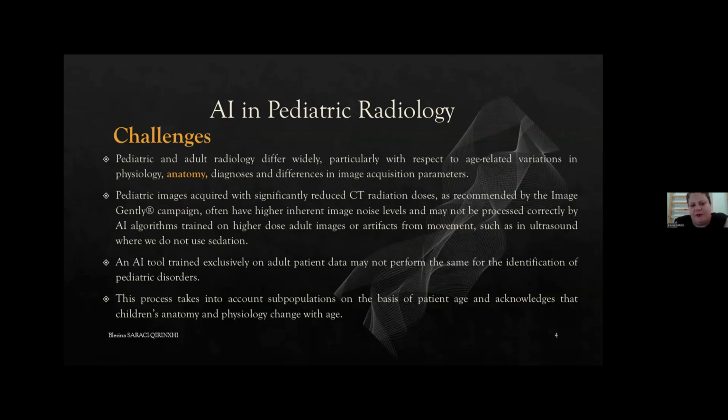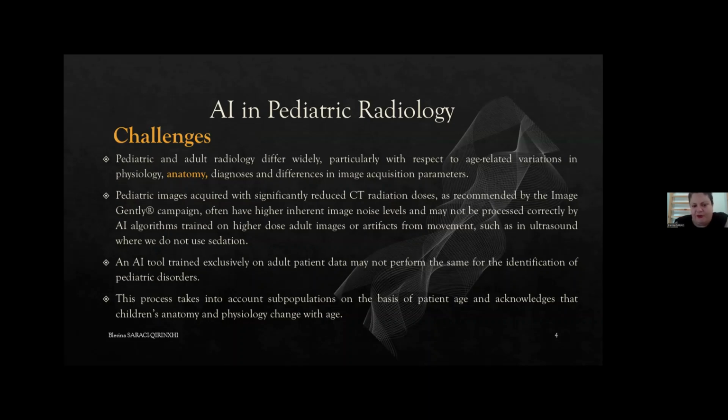Pediatric imaging is acquired with significantly reduced CT radiation doses, as recommended for children, and often has higher inherent imaging noise levels.